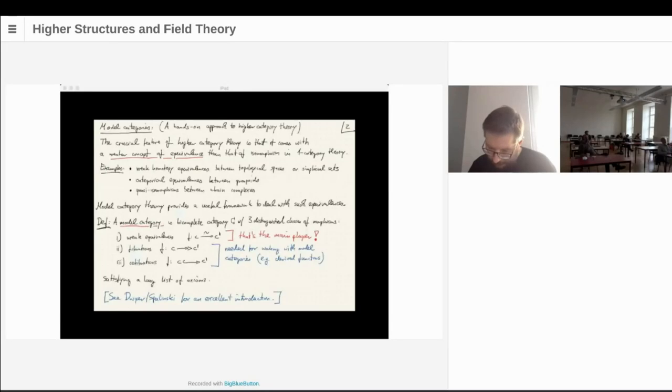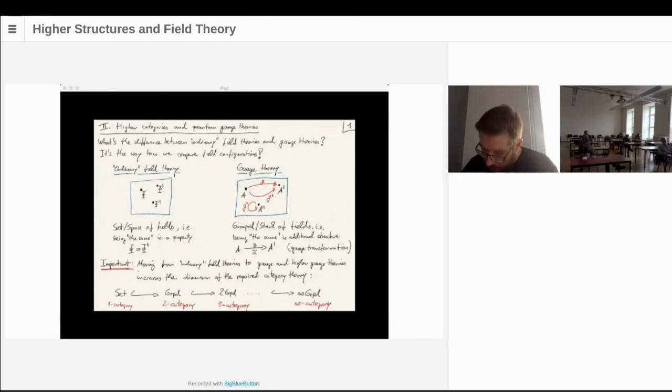Do I have some space somewhere? Yeah, let me try to draw a quick picture. So when you have a functor between groupoids, let's say G and H, it's called an isofibration if the following is true. You take an object in G and you apply the functor, and then in H you have an isomorphism.